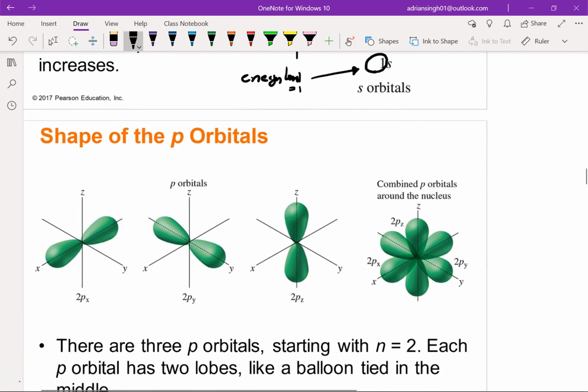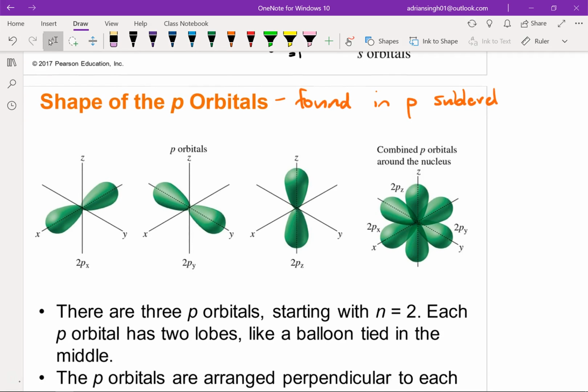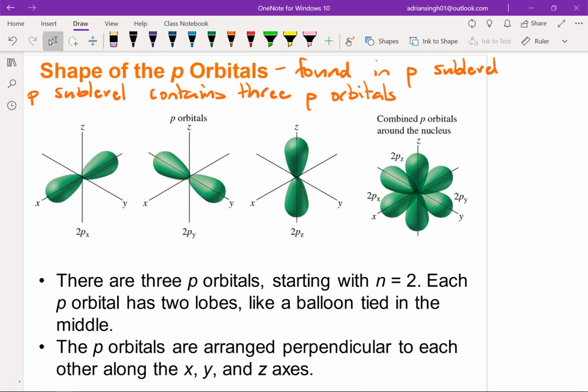The p orbitals are found in the p sublevels. The p sublevel contains 3 p orbitals, and they have a very characteristic shape.